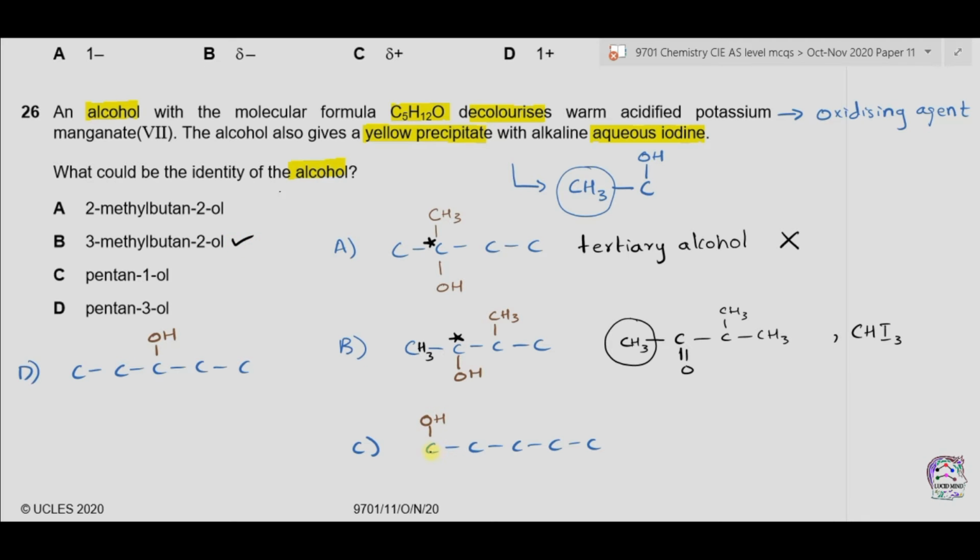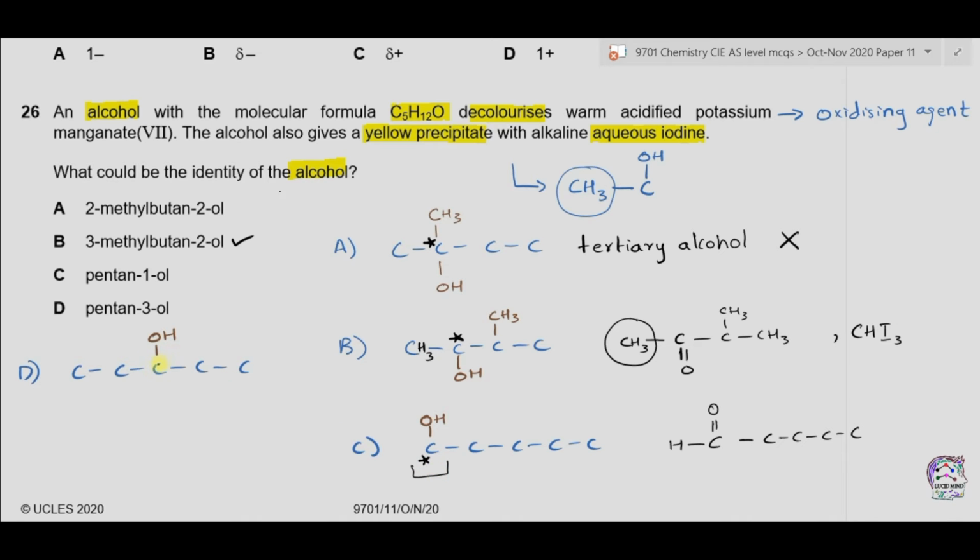In C, the carbon atom attached to the OH group is a primary alcohol, so it will oxidize to an aldehyde. For the second reaction with alkaline aqueous iodine, as there is no CH3 directly attached to this carbon, it won't give a yellow precipitate.